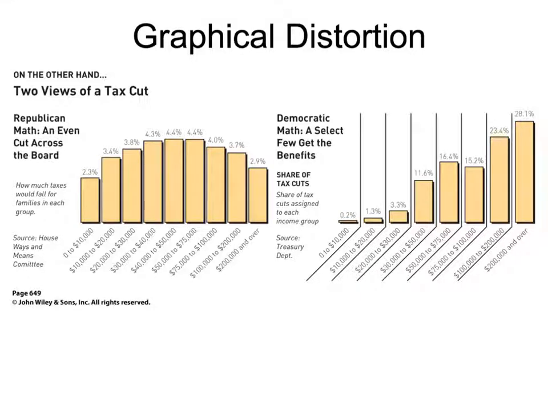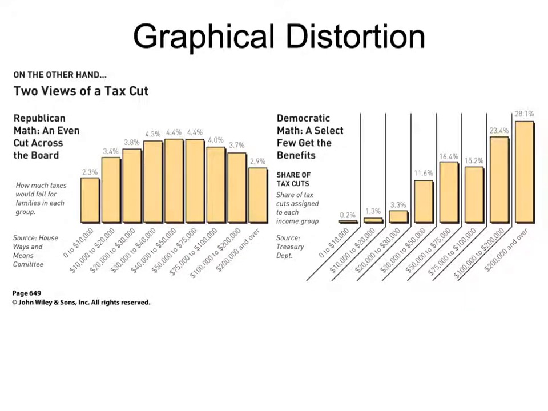Here's another graphical distortion, and this one comes to how the question is reported. This is the same exact question. It's two views of a tax cut. The Republicans are saying we're going to evenly cut across the board, and how they're reporting it is how much taxes would fall for families in each of these financial groups.